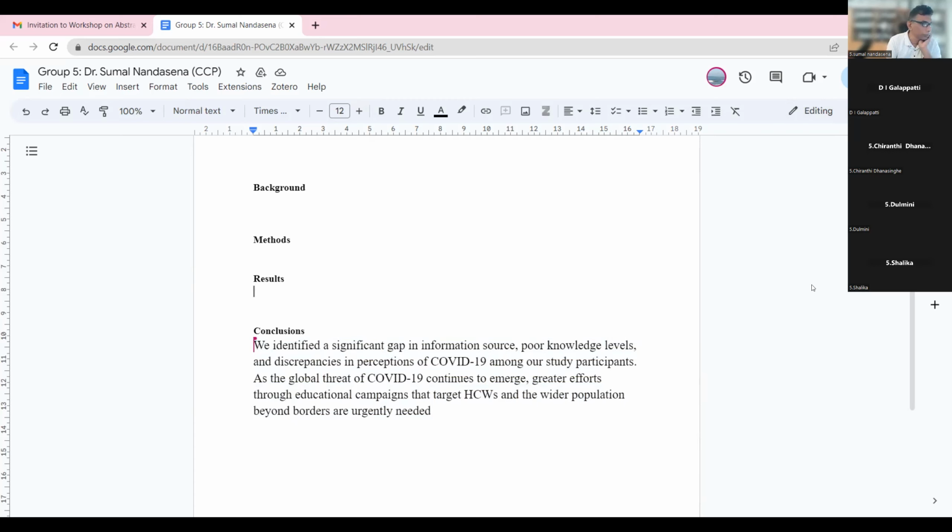So if we put this many words, there will be a problem writing the background, methods and results, because the word limit would be exceeded.